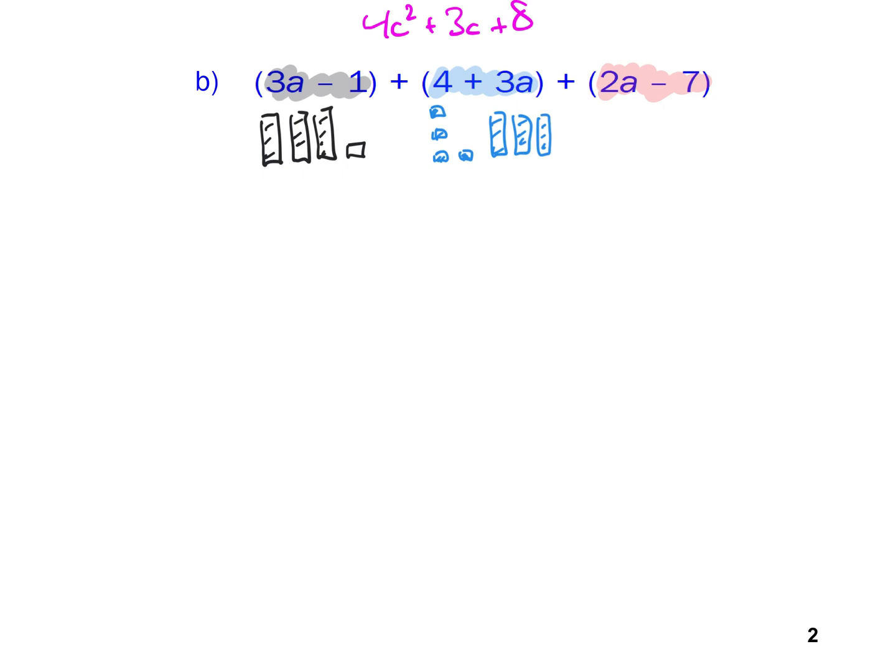What about 2a minus 7? 2 shaded rectangles and 7 unshaded units. Perfect. So that's how we model that addition statement using algebra tiles.